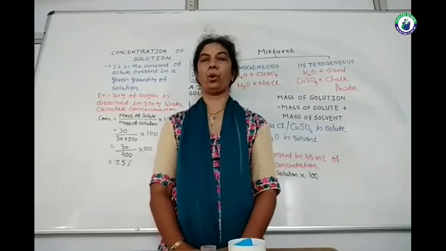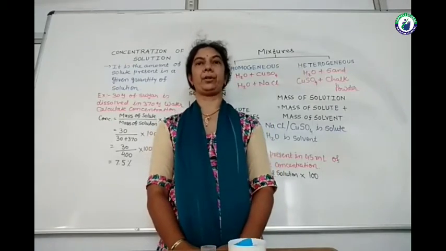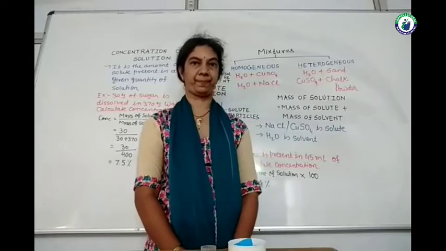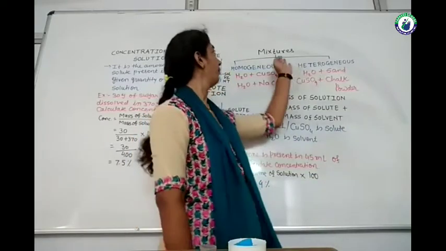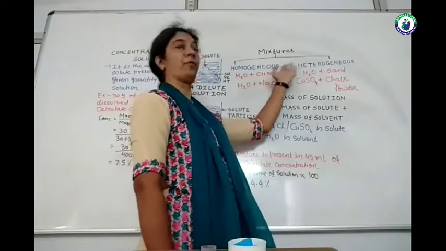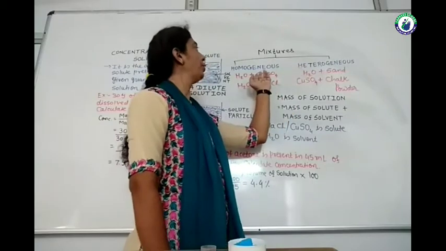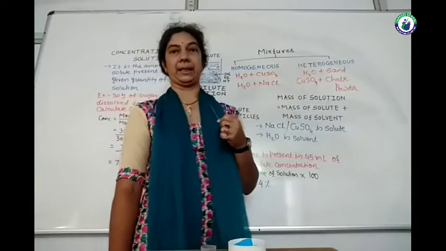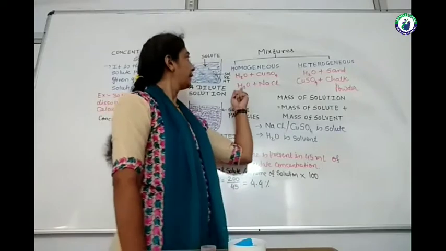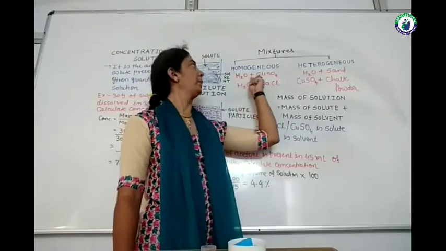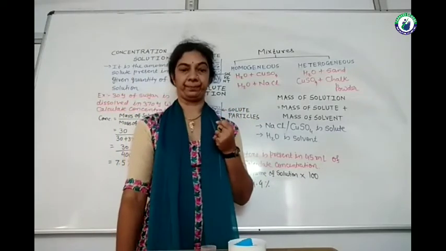Examples of homogeneous and heterogeneous mixtures. As we have discussed, mixtures are of two types, homogeneous and heterogeneous. The example we can take is water plus copper sulfate.